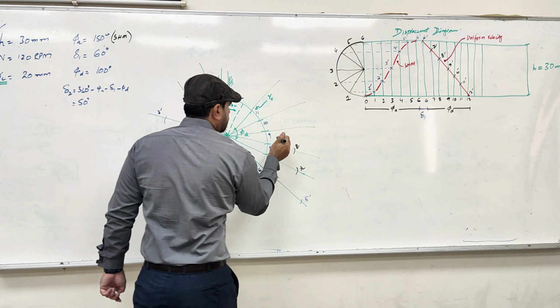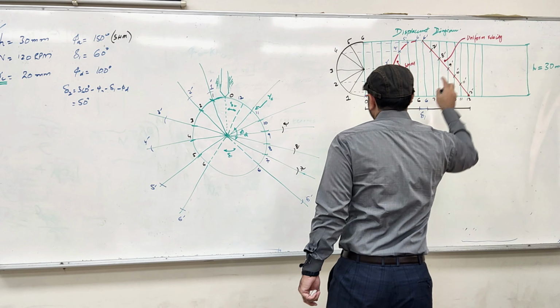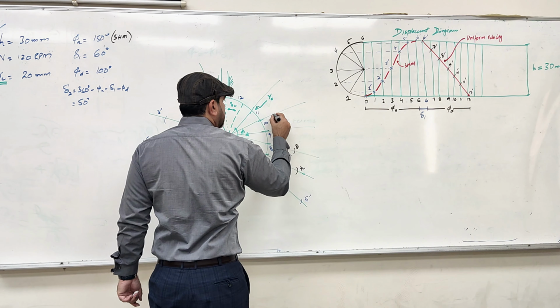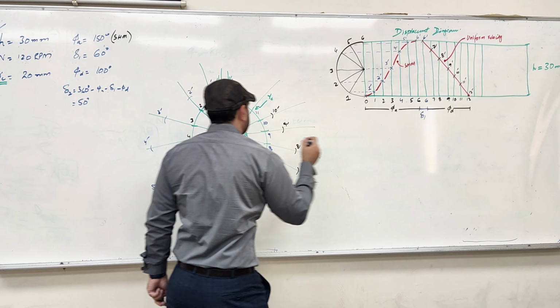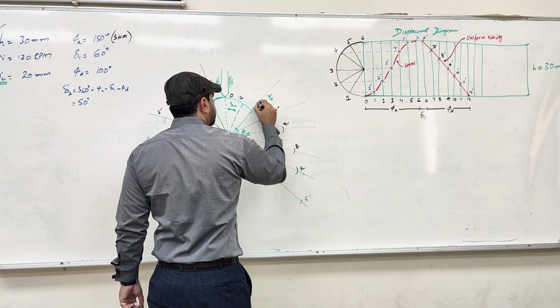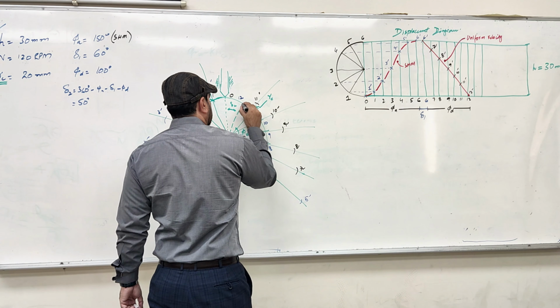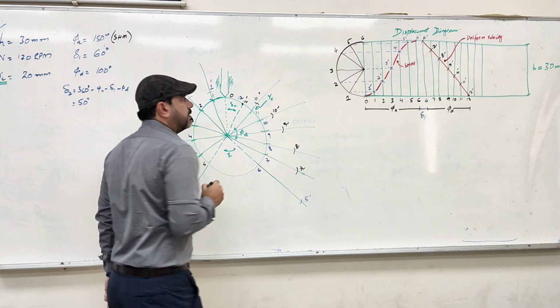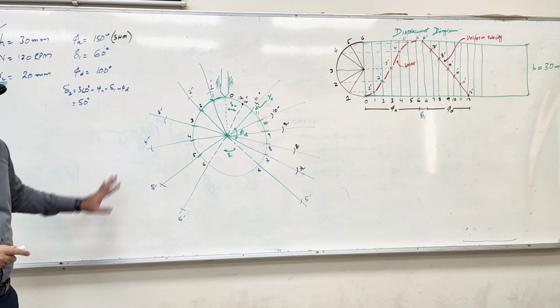Come over here. 10 to 10 prime. So this is your 10 line. And 11 to 11 prime. And 12 will come exactly over here. Okay, so this is done.